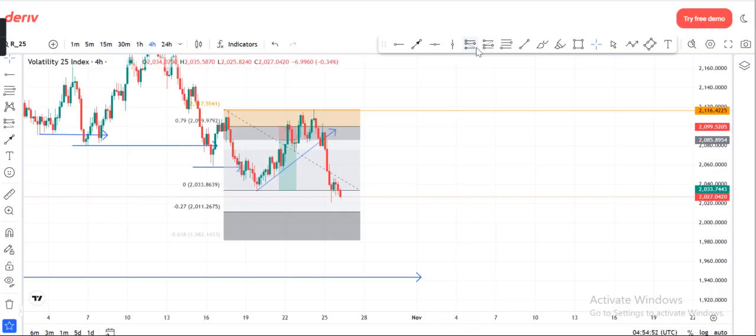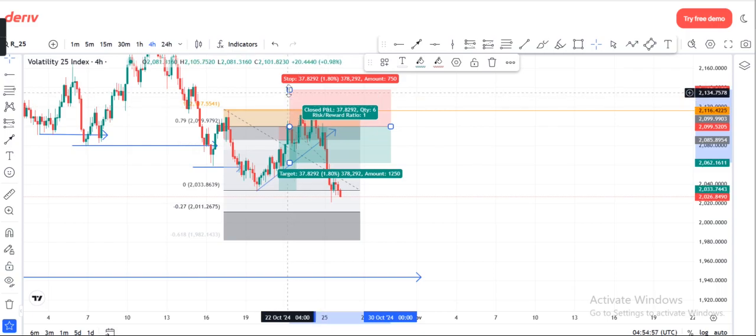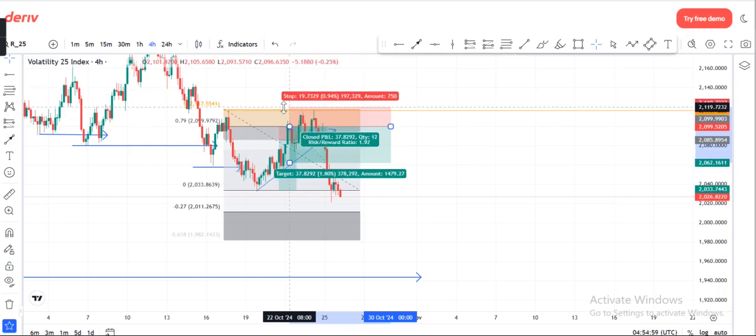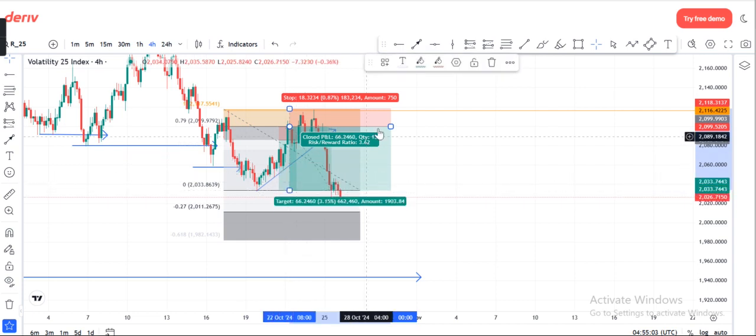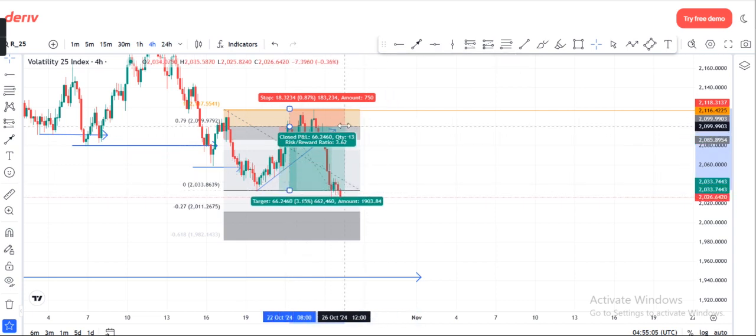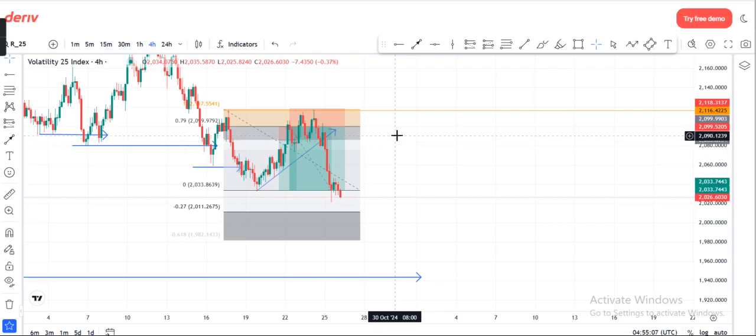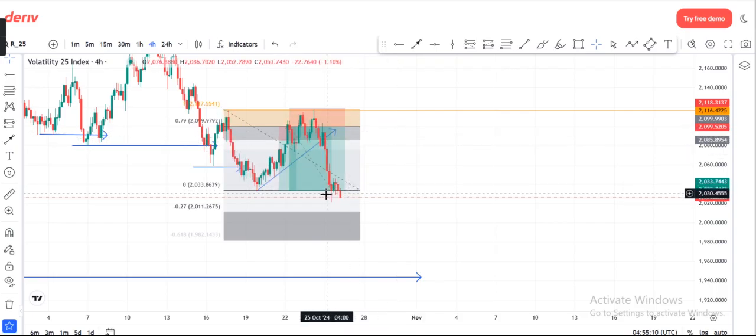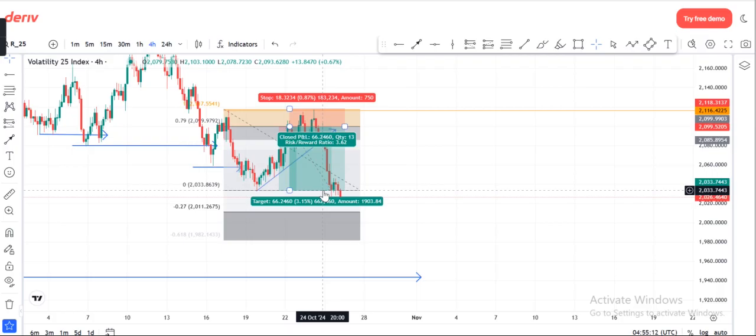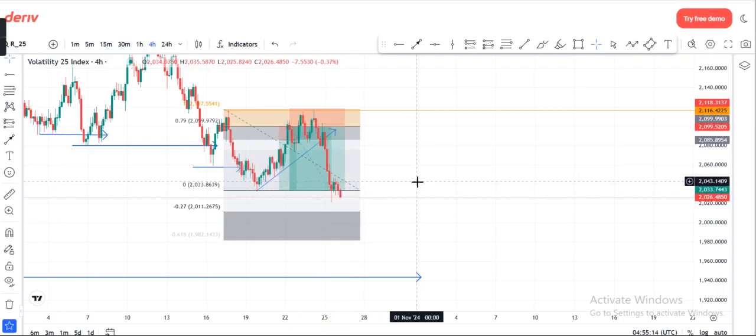But then the second trade got us into profit. So we almost got tapped out, but we actually are still in the trade and market hit take profit. So the moment market got to this point, we were okay with the trade and we didn't look out for more profits. So that is it.